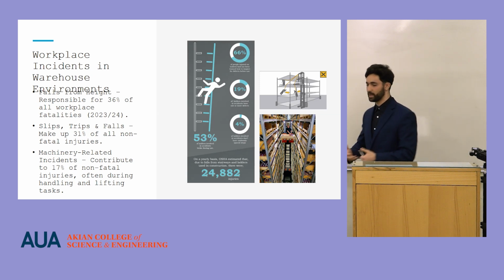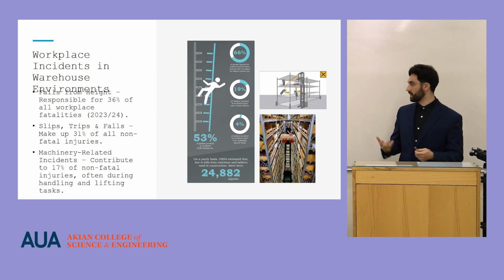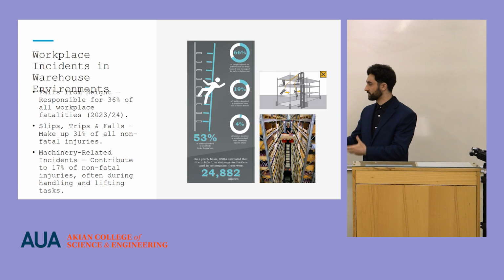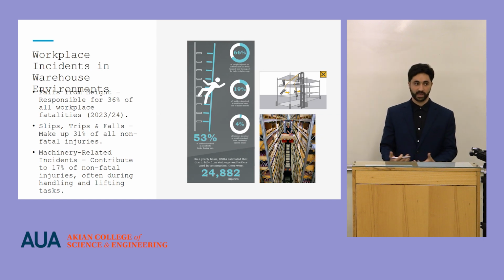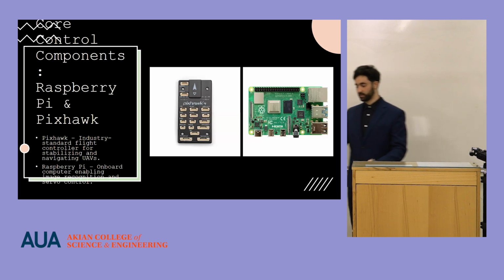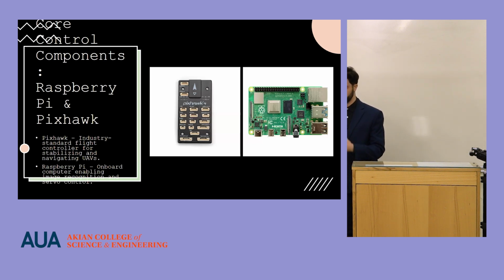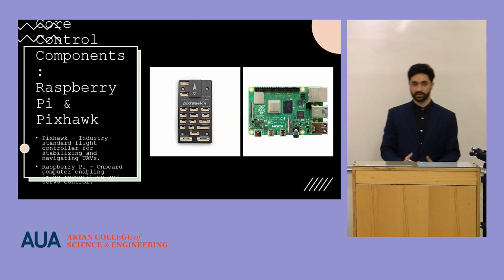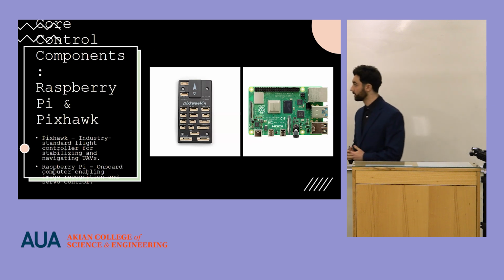I was thinking maybe what if we can create something that can assist in this environment and make it more sophisticated and advanced. So of course, my project is a drone, so it has propellers, DC motors, ESCs, but then we get to the core control components here. On the left, we have Pixhawk, which is your standard flight controller.